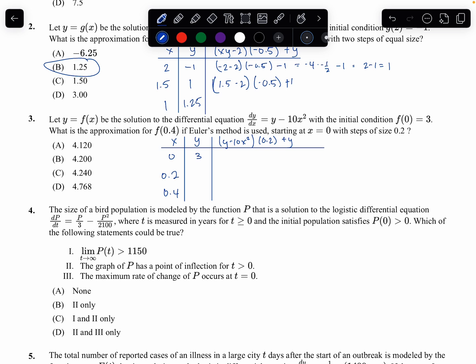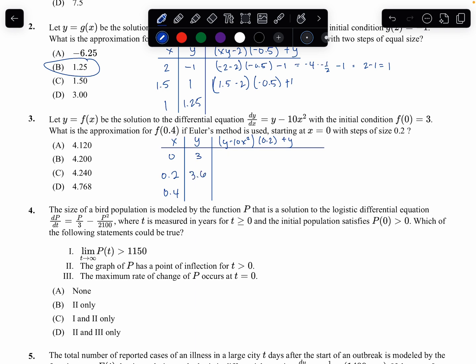Alright, so I'm just going to plug all of this straight into my calculator. So we'll have 3 minus 0 times 0.2 plus 3. And I got 3.6. So that's going to be this field right here.